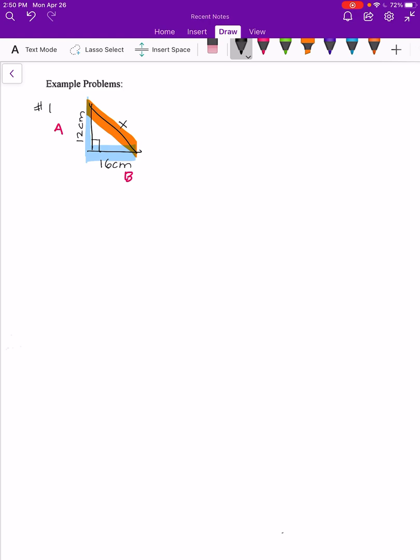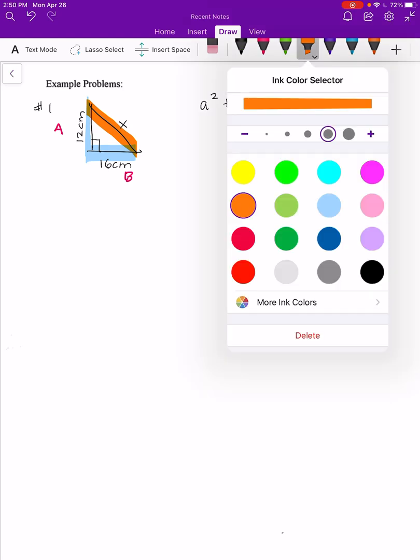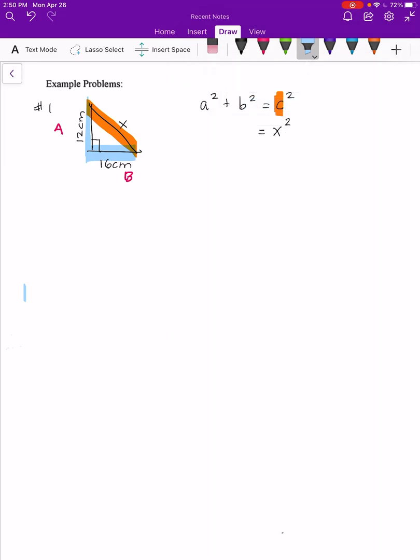So the definition, again, A squared plus B squared equals C squared. C squared is right here. That's the hypotenuse. And as you can see, we just have X. So I'm going to replace C squared with X squared equals, and then I have my legs, which are my A and my B. So I'm going to replace that with 12 squared plus 16 squared.